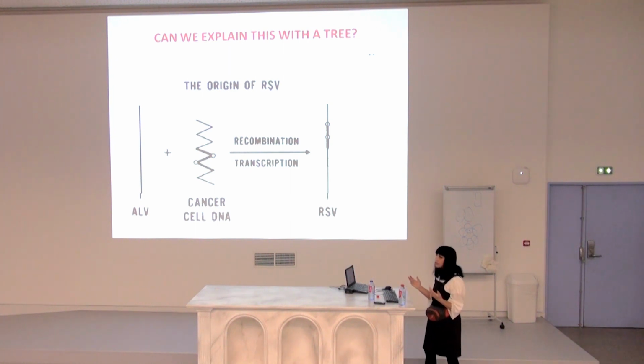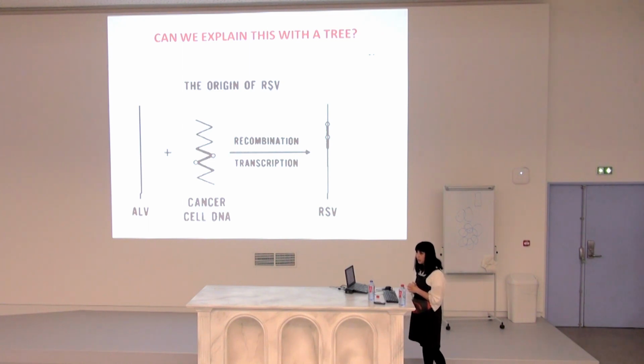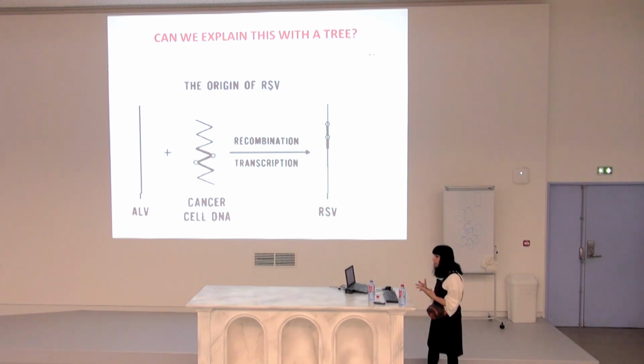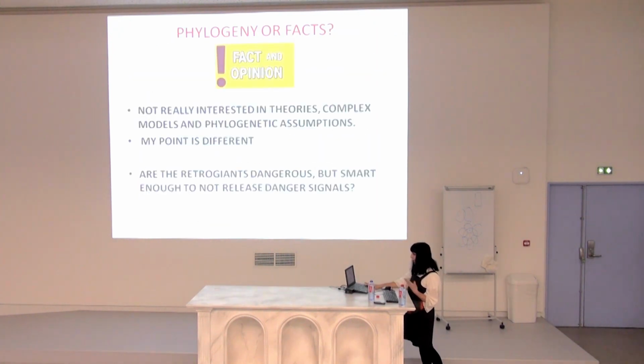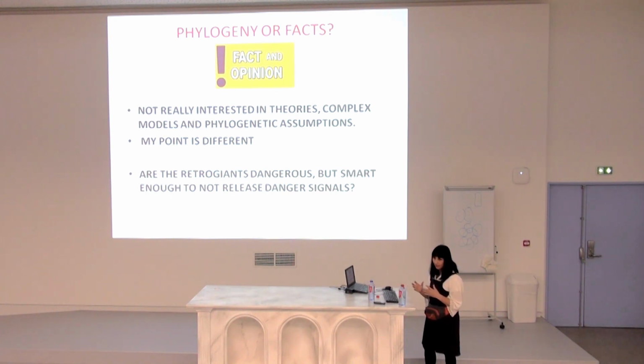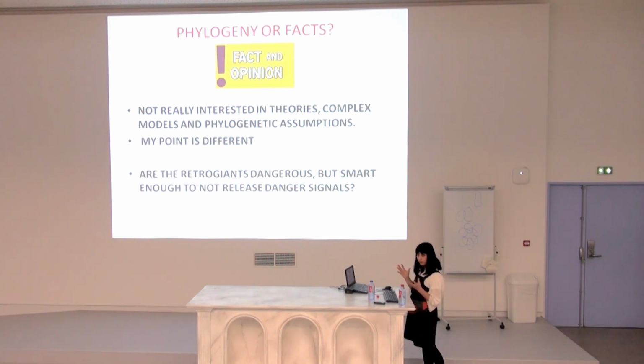Just random gives origin to Rous sarcoma virus. This is how Rous sarcoma virus originated, by a random recombination process between a cancer cell and avian leukosis virus. We can't explain this with a tree. So my point is understanding the retroviral nature of this giant, because it is so evident, it is there.